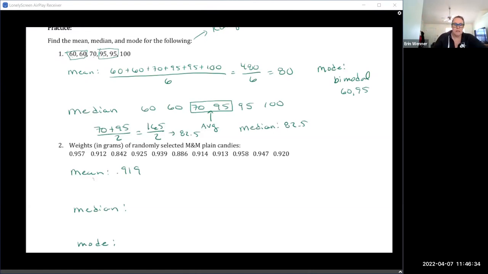So the median, we have 11 values here. So if we write them out, this is the fun part, right? I like to cross them off as I'm going, so I don't miss one.